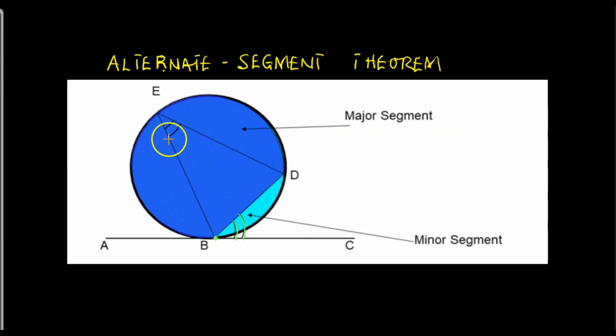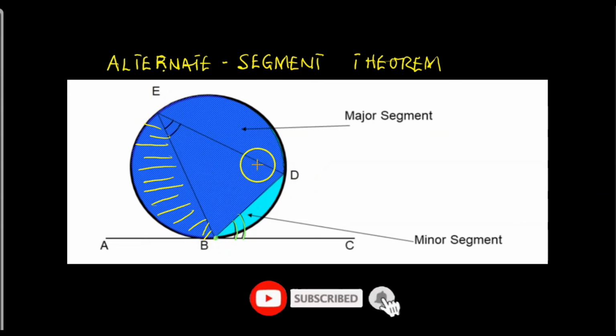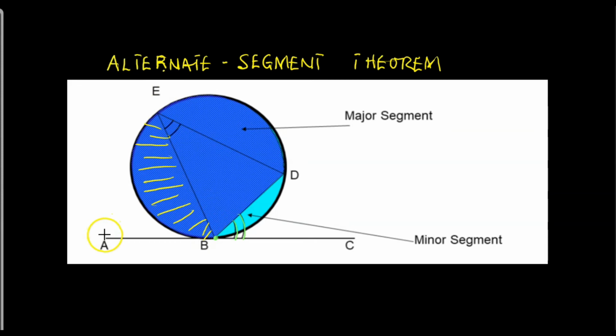So in other words, let me just make a small demonstration here with a yellow color. This section here becomes the minor segment, and from E all the way to meet B becomes the major segment. And in this case, the angle subtended by EDB on that chord EB becomes an angle which is equal to EBA.